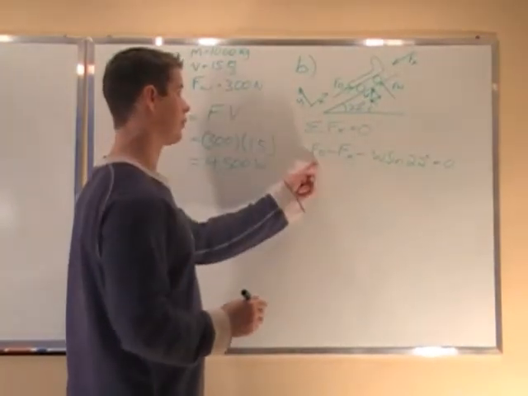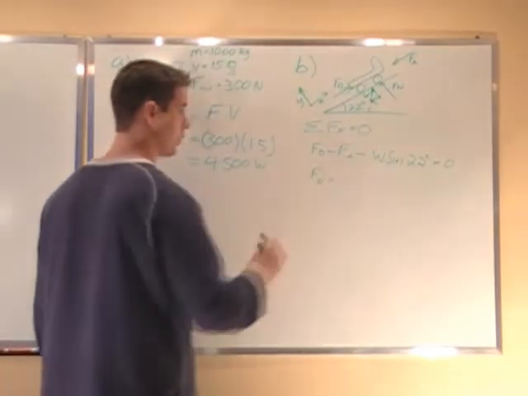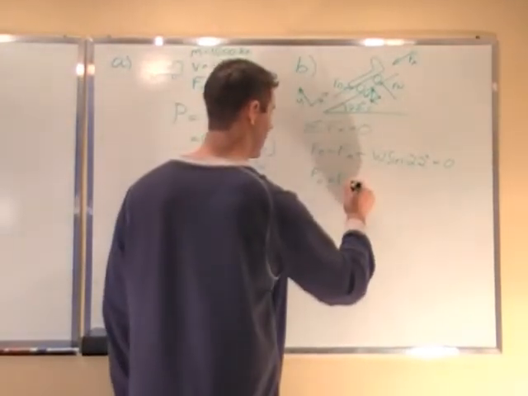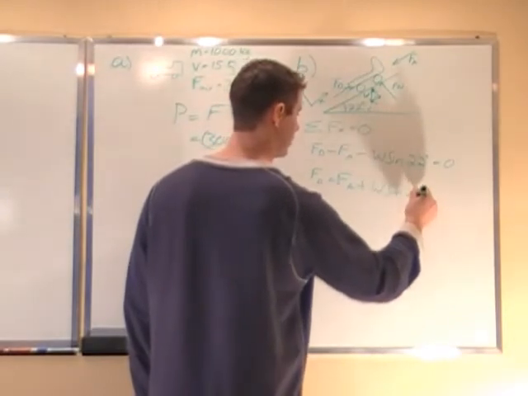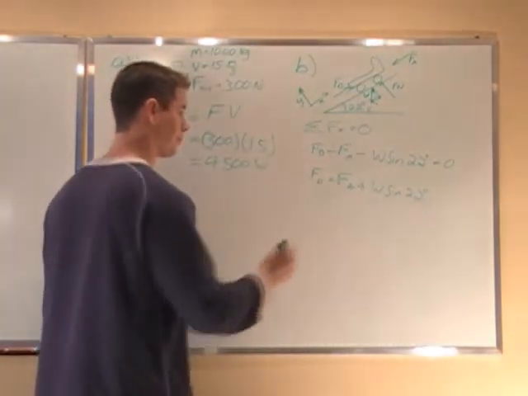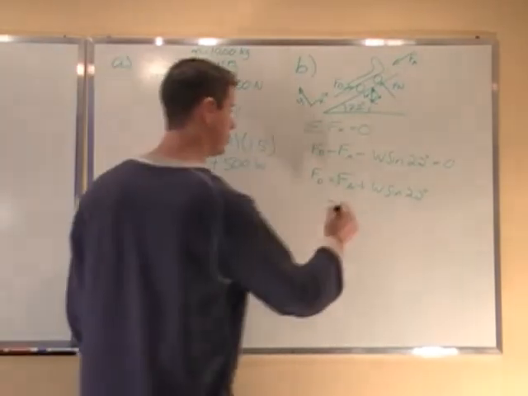I'm looking for my driving force, so I'm going to put everything on the other side. Fa adds to the other side, W sine 22 degrees adds to that side. The force from the air is 300 newtons.